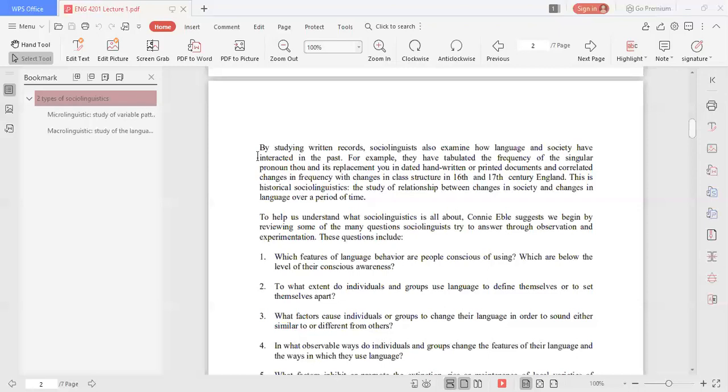For example, if you go to a very cheap restaurant, your behavior and the way you talk is different. But when you go to a 5-star hotel, you'll find that automatically you will be influenced by the environment, and your language register and style will change. Am I wrong? Yes, sir.